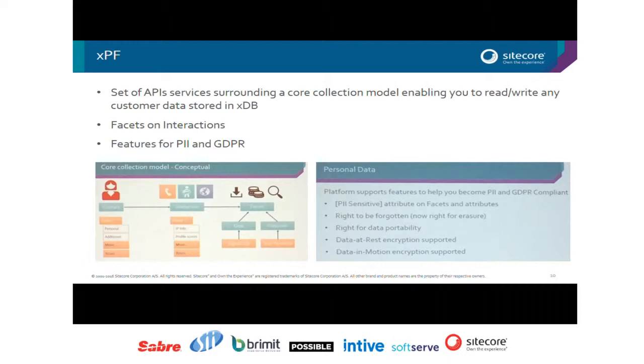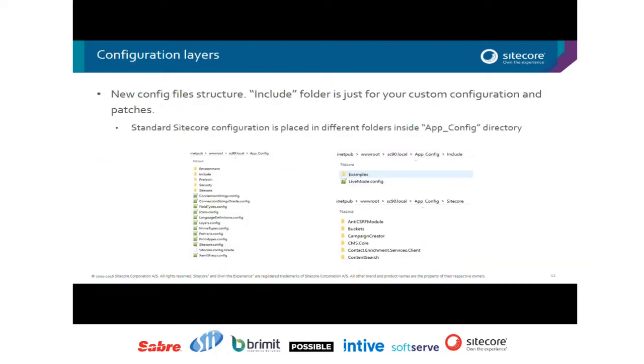Okay, so let's go to the next one. This is something for both DevOps and developers. In Sitecore 9, there is a new structure of the configuration files. On the left, you have the root configuration folder. As you can see, there are more folders right now, environment and Sitecore. On the upper right, you have the default App_Config/Include folder.